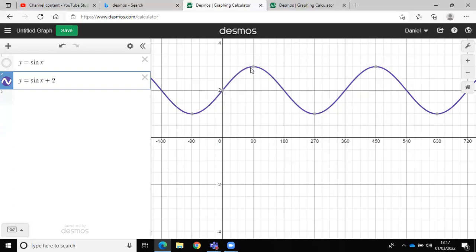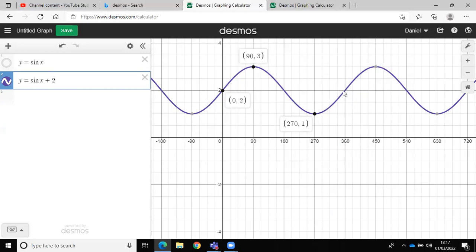So it still goes up 1, down 1, up, down. The milestones still start when x equals 0, maximum still when x equals 90, minimum still when x equals 270, and the finish of one full wave is still when x equals 360.